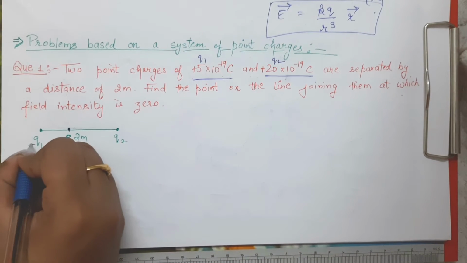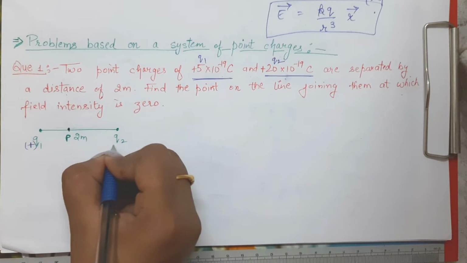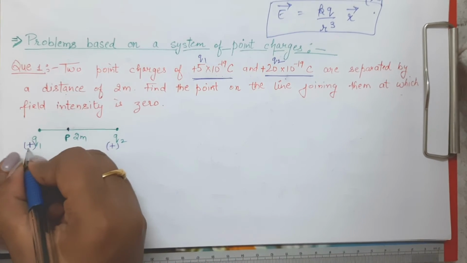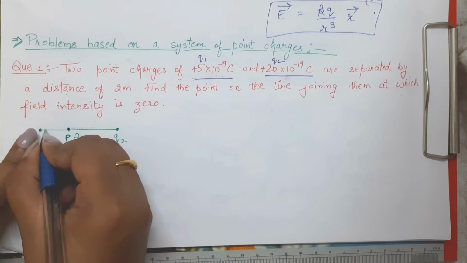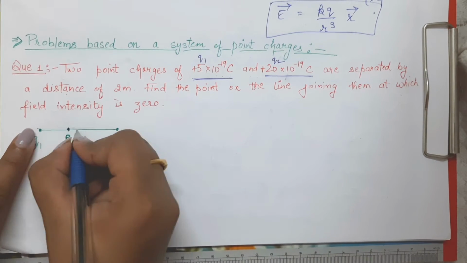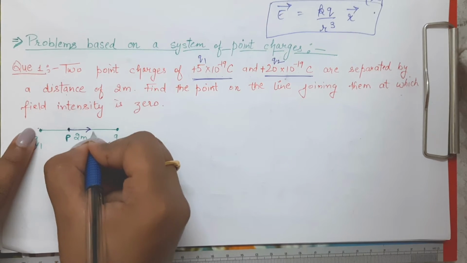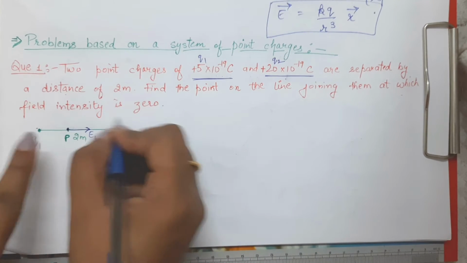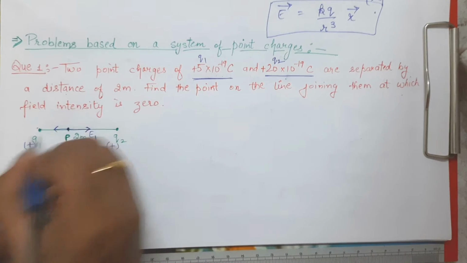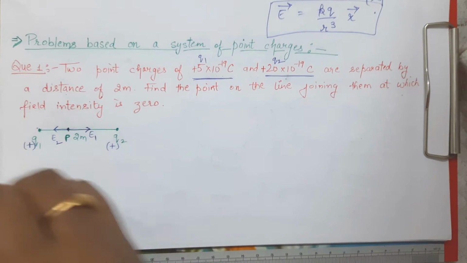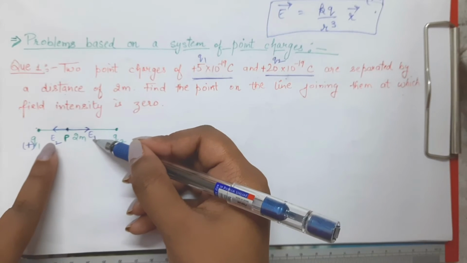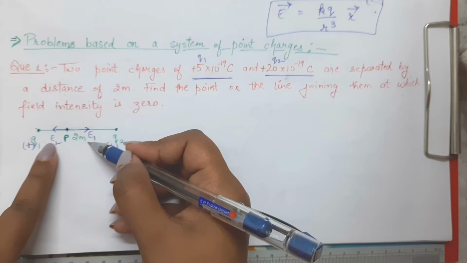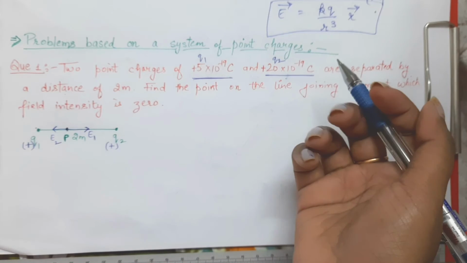This is a positive charge, and this is also a positive charge. For a positive charge, the field will be radially outward. So for this one, the field will be in this direction, suppose this is E1, and for Q2 it will also be radially outward, in this direction, E2. At any point where E1 and E2 are equal and opposite, they will cancel each other.